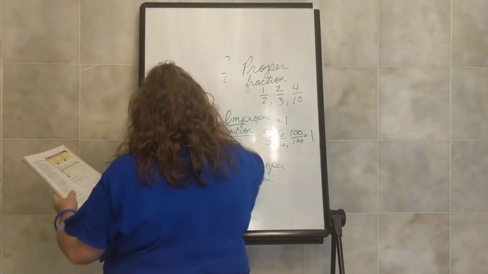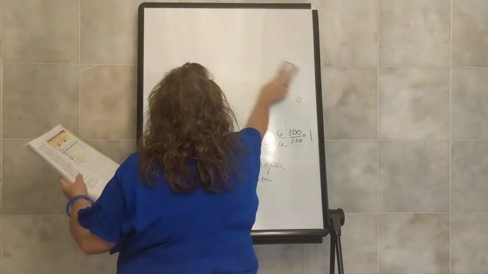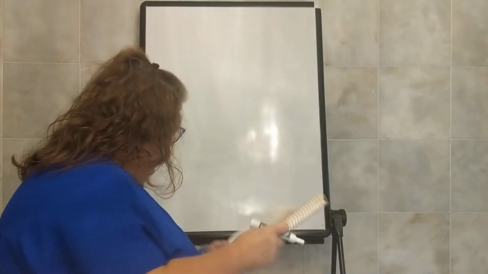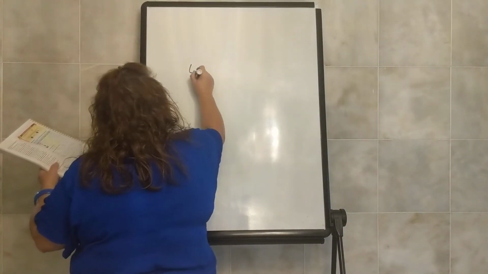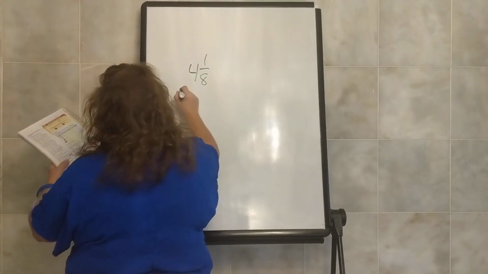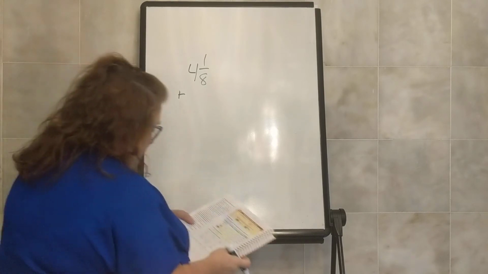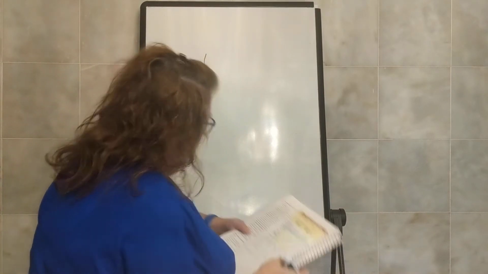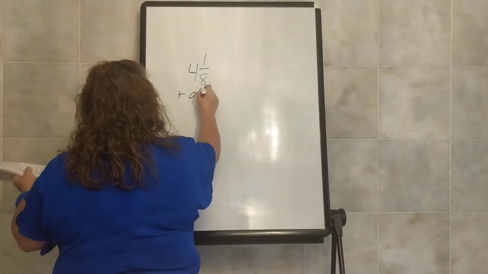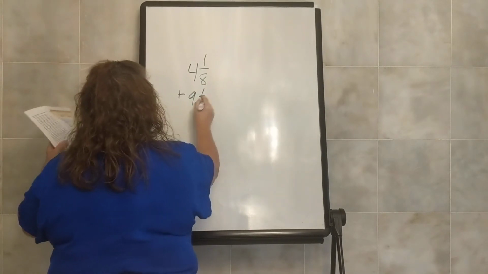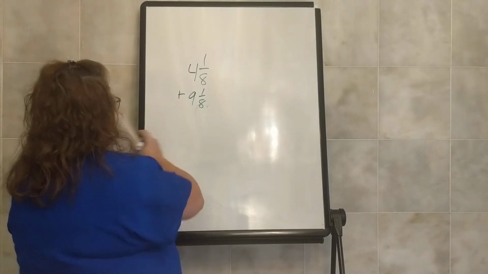I want to go ahead and on section 3A, I want to do A and B with you really quick. So for A, we have 4 and 1/8 plus 9 and 1/8, not 18, and then we have plus 6.